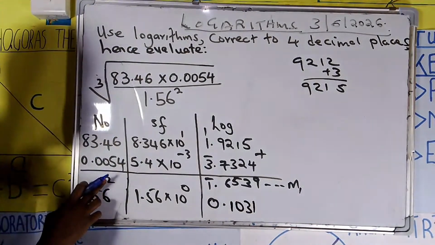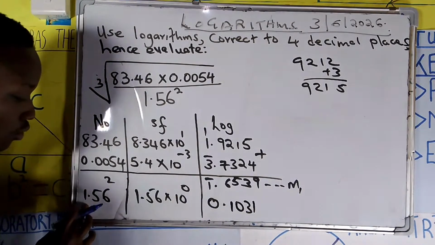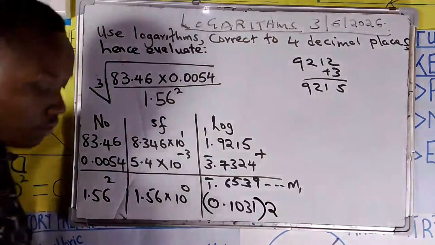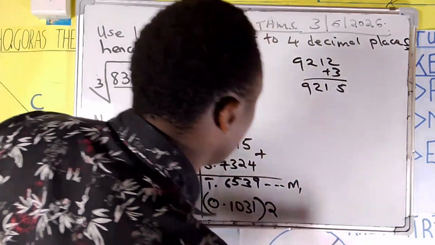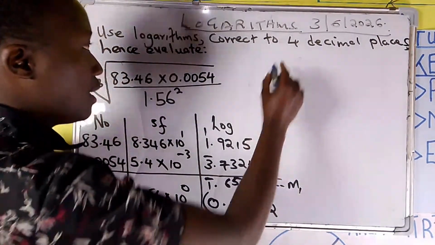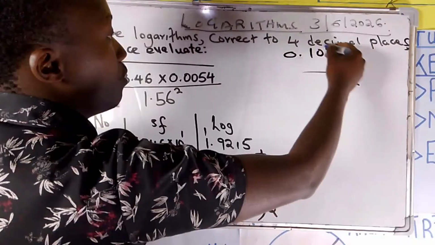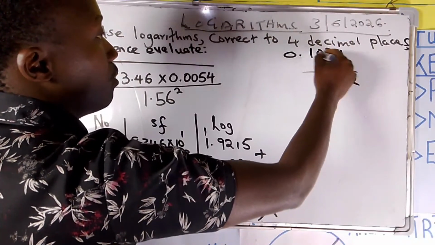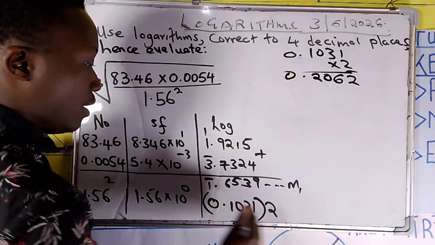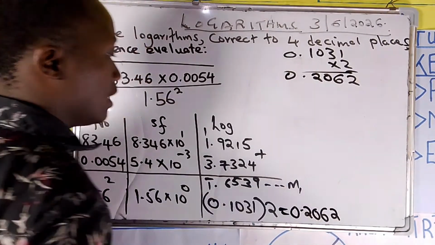Because we are raising to power 2, we multiply this logarithm by 2. If it was to power 3, we would have multiplied the logarithm by 3. So 0.1031 times 2: 1 times 2 is 2, 3 times 2 is 6, 0 times 2 is 0, 1 times 2 is 2. It is 0.2062. That is the denominator.